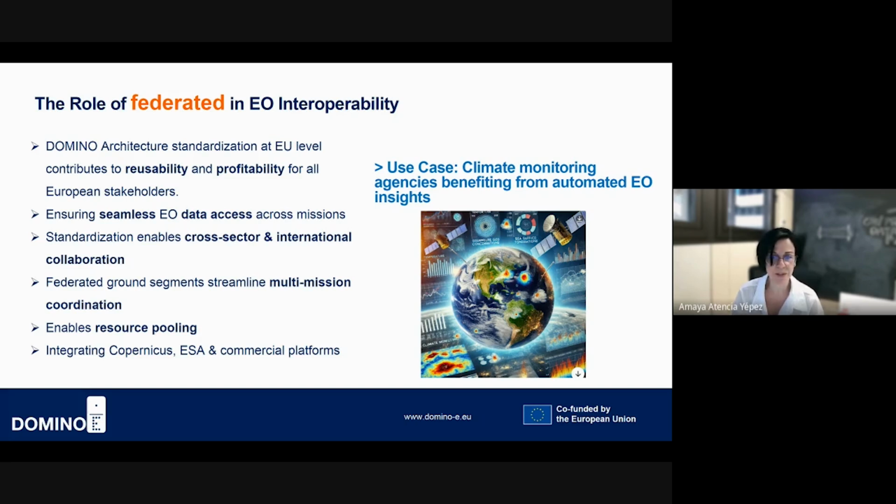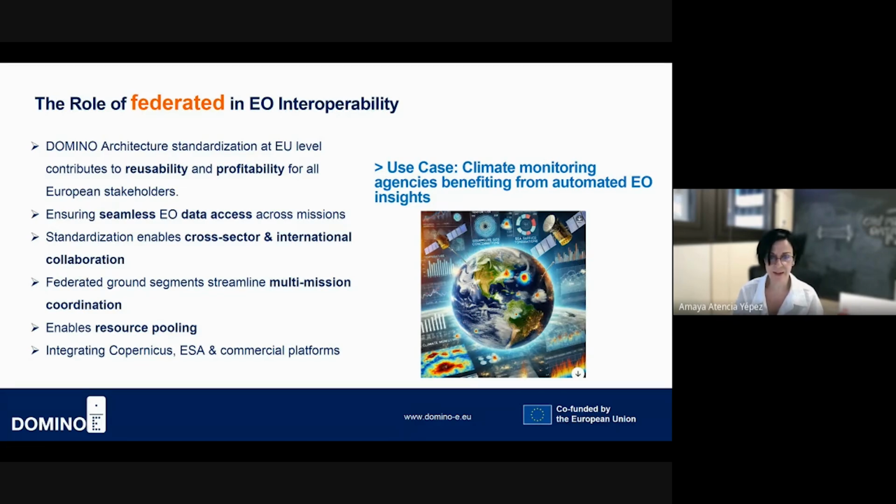It will enable resource pooling, and in terms of ground segment, it will streamline the multi-mission coordination between the different ground segments for the different constellations. You could see this point later on when Jeff talked about the different services regarding interoperability between ground segments and the federation of them.